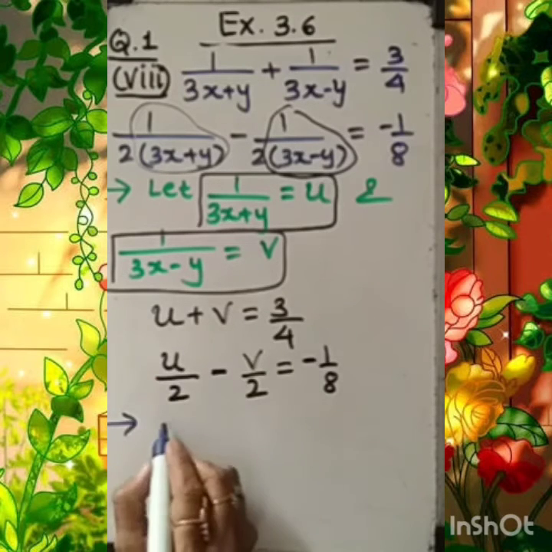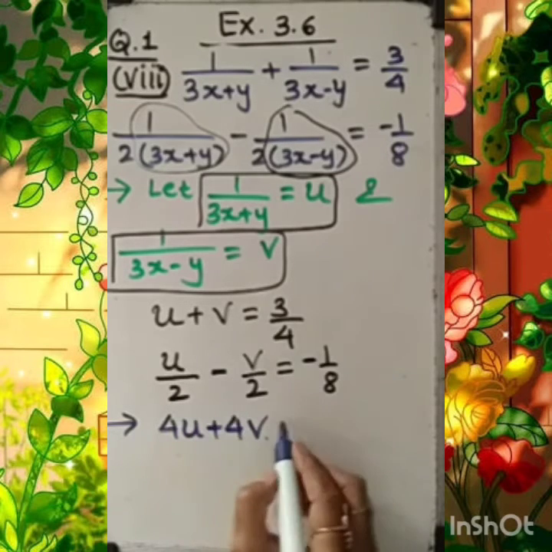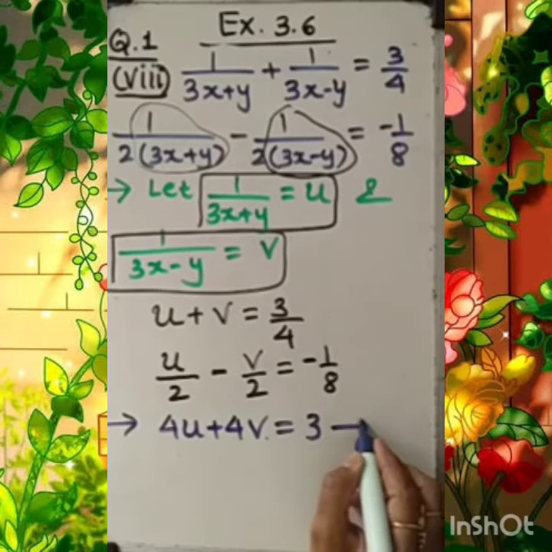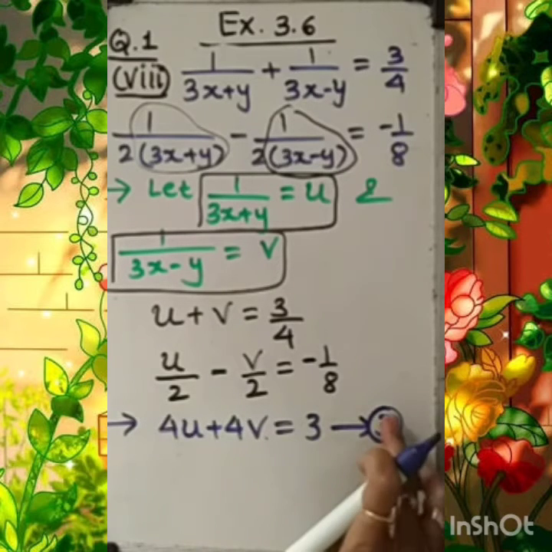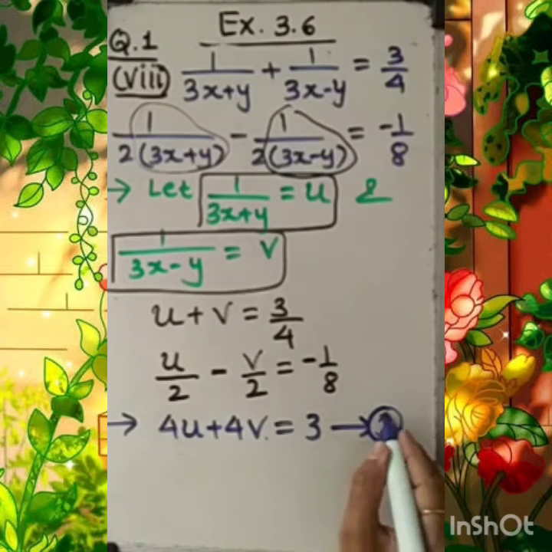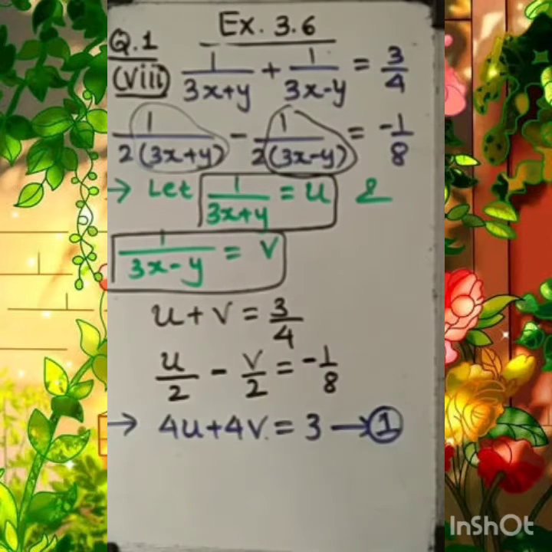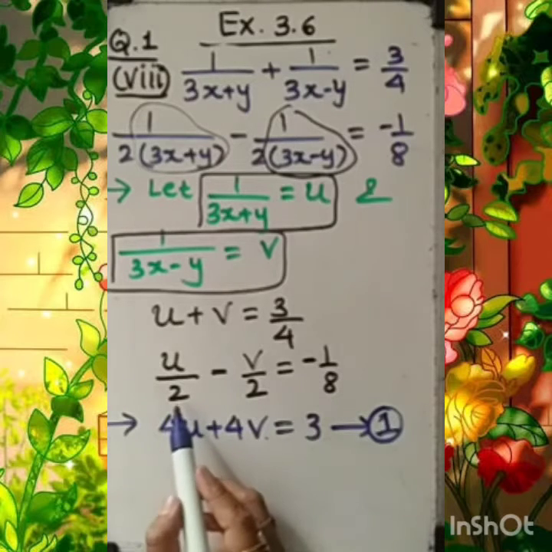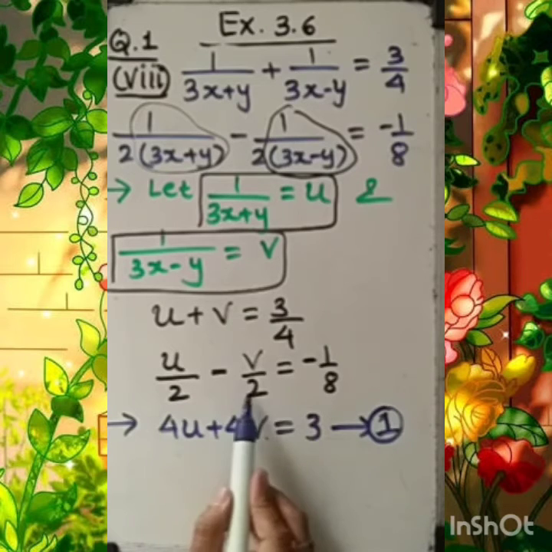See here, 4 into u, 4u, 4 into v, 4v, that is equal to 3. Let me call this equation number 1, not 3, that is 1. Because in the beginning, whatever we were given, we did not name it 1 and 2, but this I am calling 1.